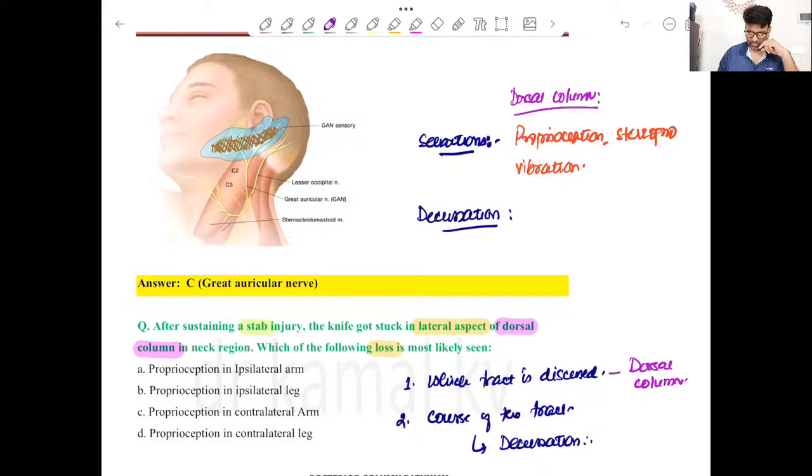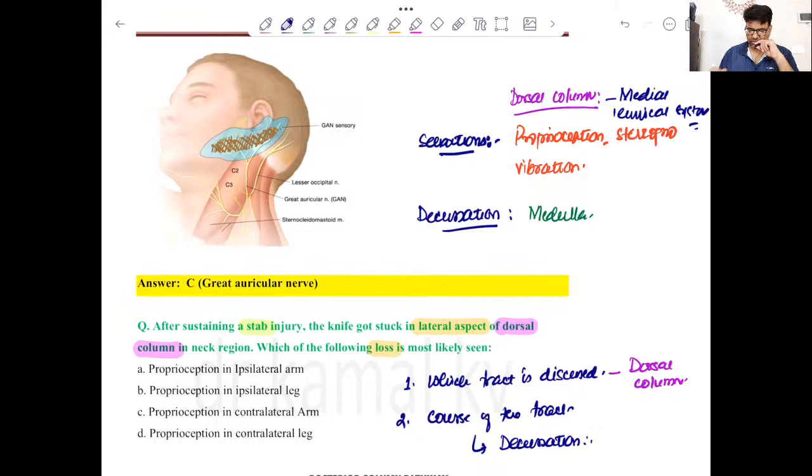Where does decussation of the dorsal column occur? It is in the medulla, right? From the medulla, the fibers cross to the other side and ascend in the medial lemniscal system. Then they reach the thalamus, and from the thalamus there is origin of the third order neurons. Yes Varun, you are absolutely right, this is the medulla.